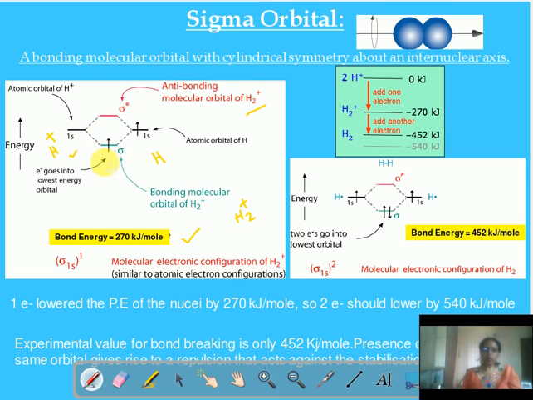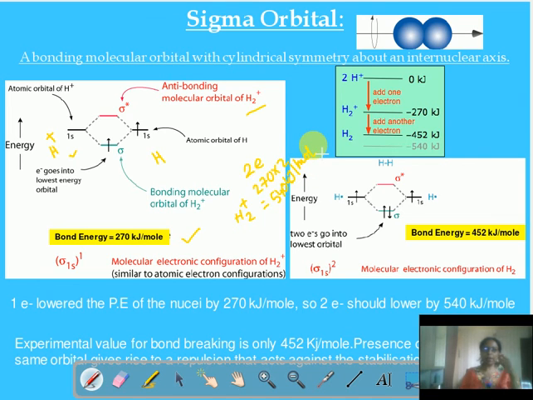So this one electron present here is lowering the energy by 270 kilojoules per mole. It is expected that when there will be two electrons, the energy lowered will be 270 into 2, so it should be 540 kilojoules per mole.